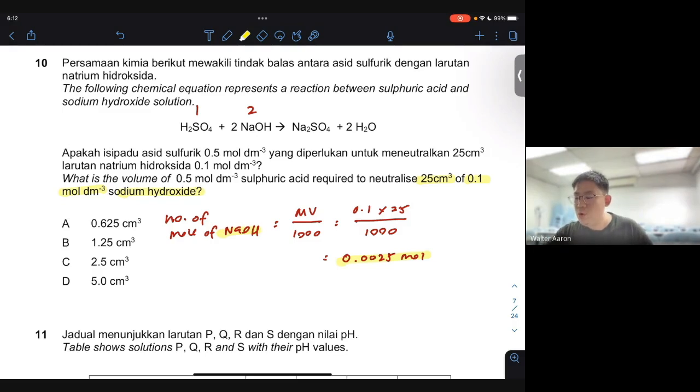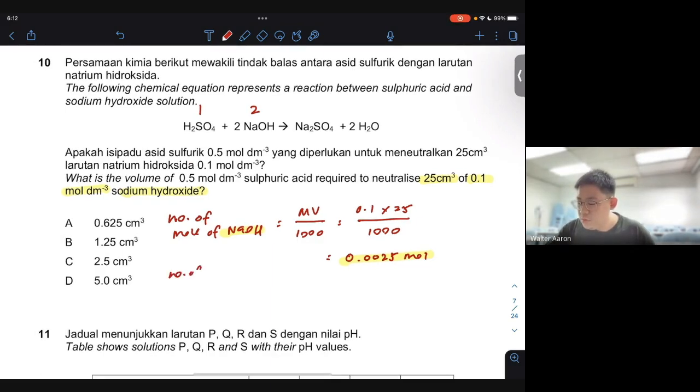To get the number of mole of sulfuric acid, it is basically half of that. So you have to take the number of mole of sulfuric acid, in this case, will be 0.0025 divided by 2.